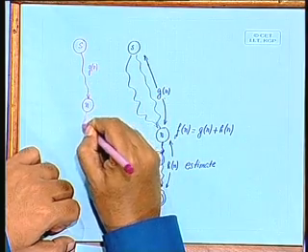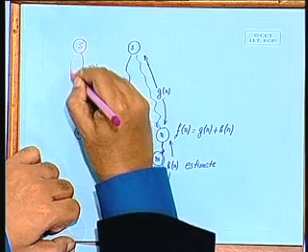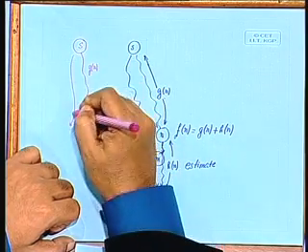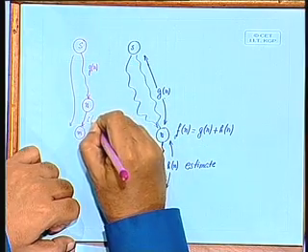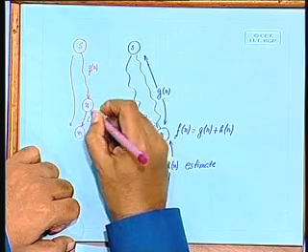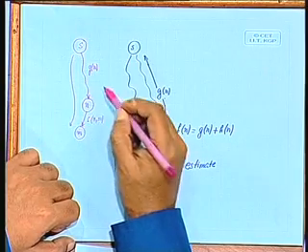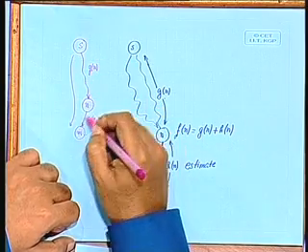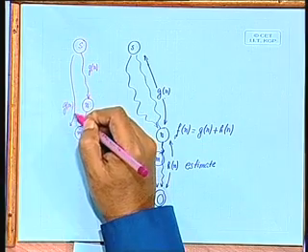Now, when I generate a successor m, the G value is going to be this whole cost. So, it is Gn plus this Cnm. Cnm is the cost of applying the operator to move from n to m. So, Gn plus Cnm, that is the value of Gm, right.